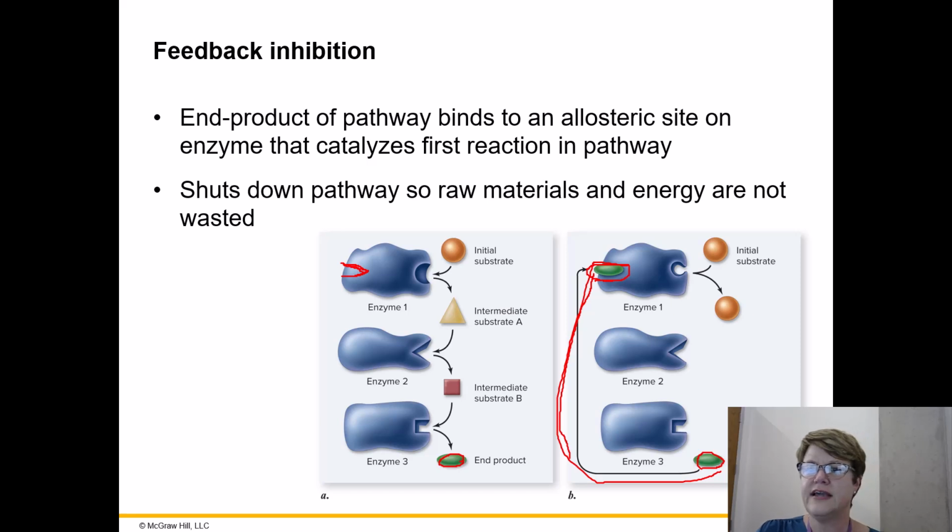So this acts very much like a thermostat, in the sense that when something piles up, it shuts the system down. But then when the products are no longer piled up, they start to get used, and there's not as many, the system starts back up again. And this is called feedback inhibition.